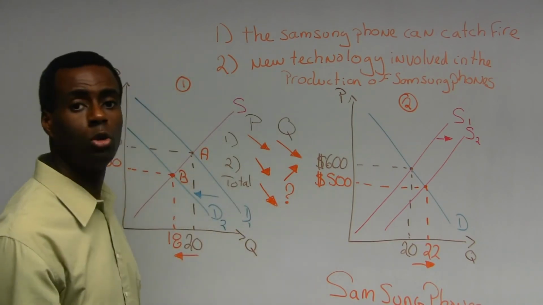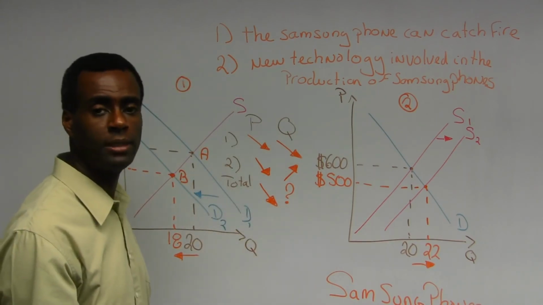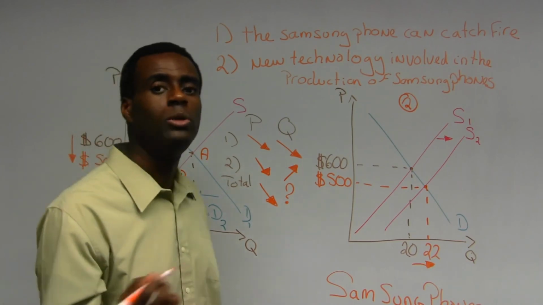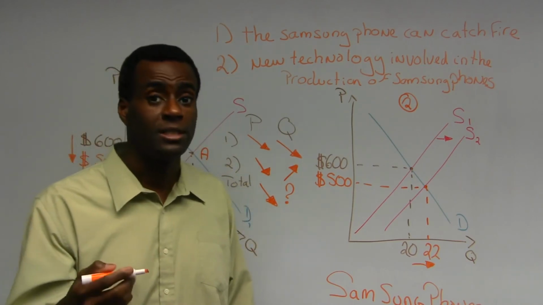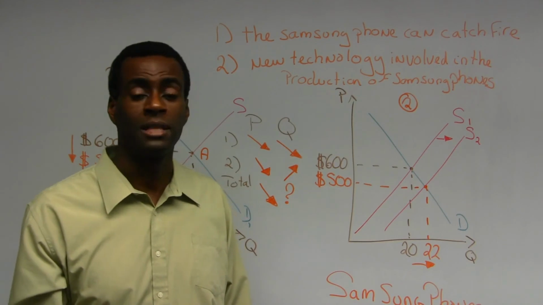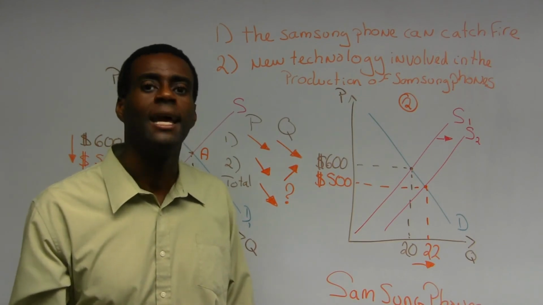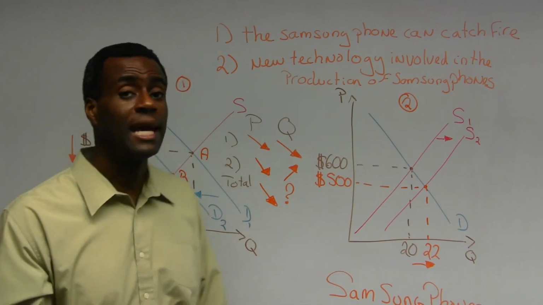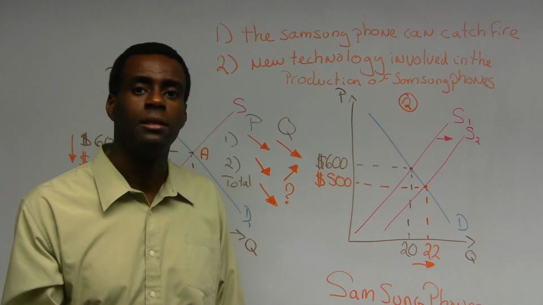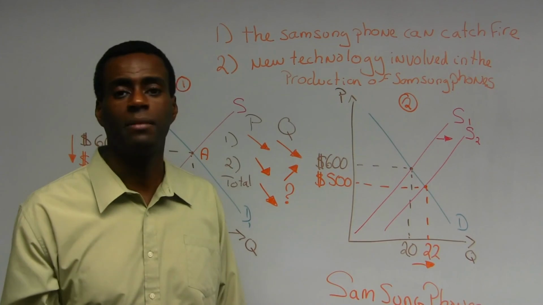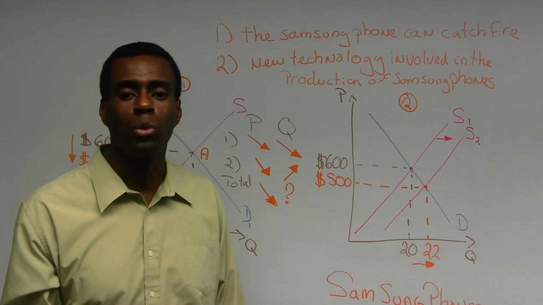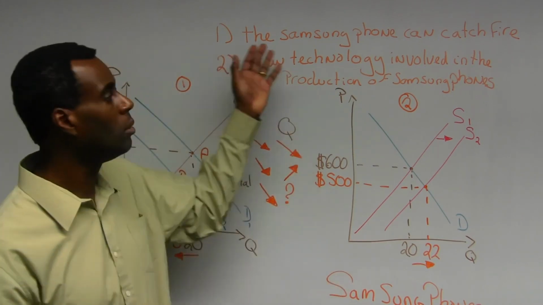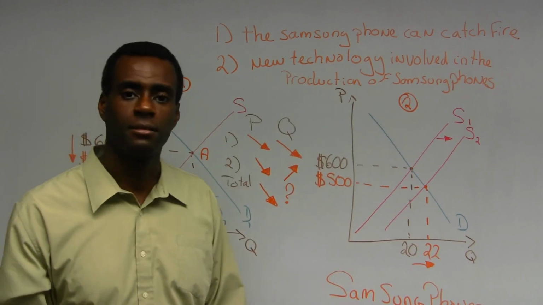We do not know what the result will be. We say that the result as far as the quantity of Samsung phone that will be sold is ambiguous, but that surely the price of the Samsung phones will go down as a result of both of these events.